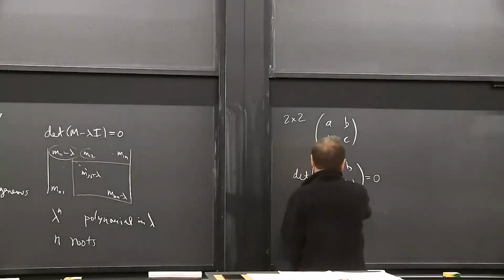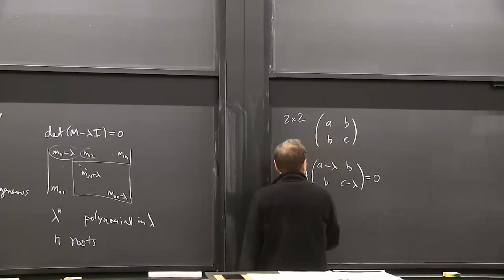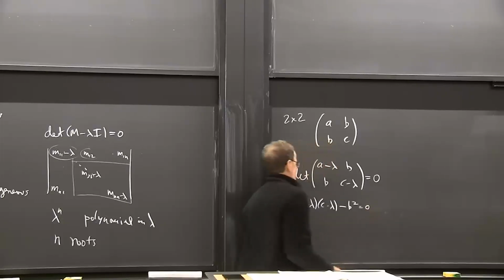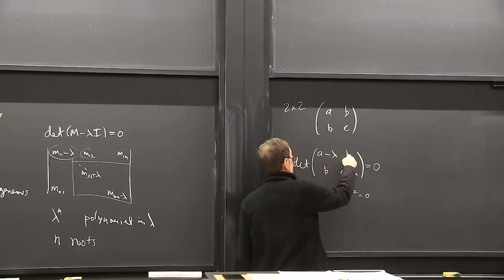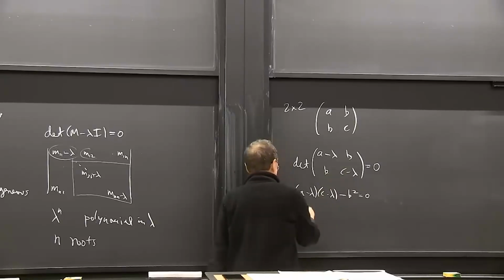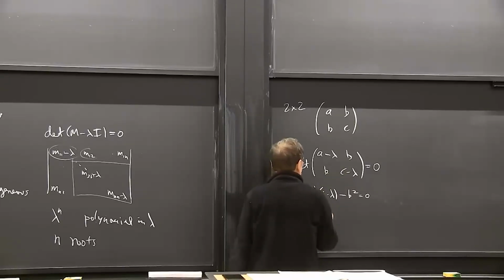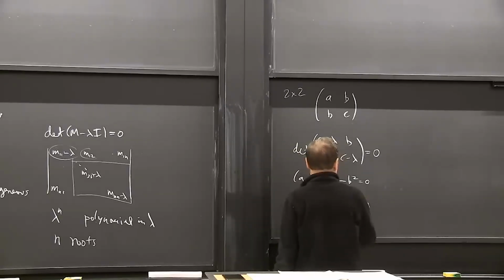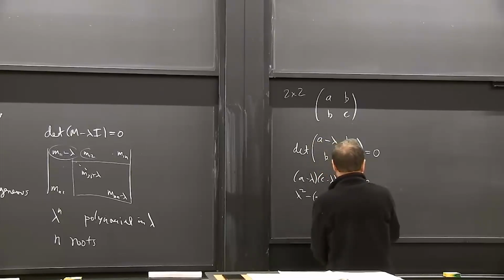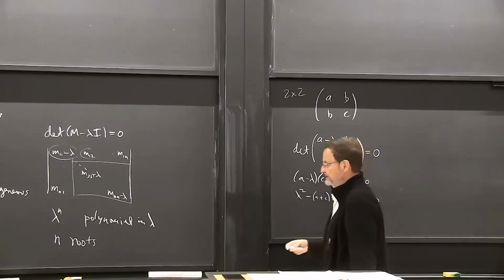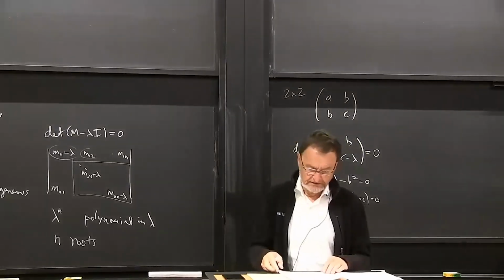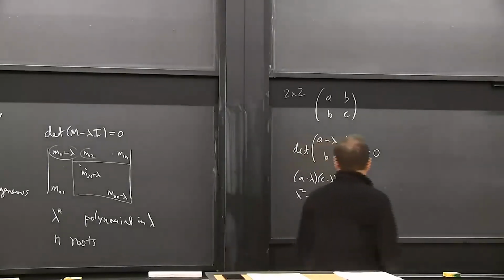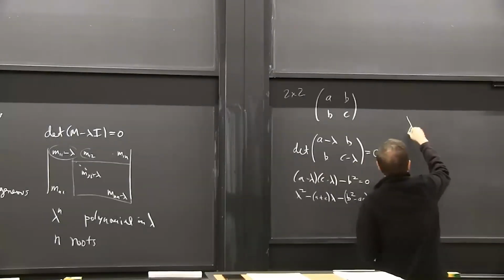Okay, so what is the determinant of that? Well, it's just that times that minus that times that. And if I multiply that out, I get a second order polynomial in lambda that I can solve, using the usual formula for a quadratic.